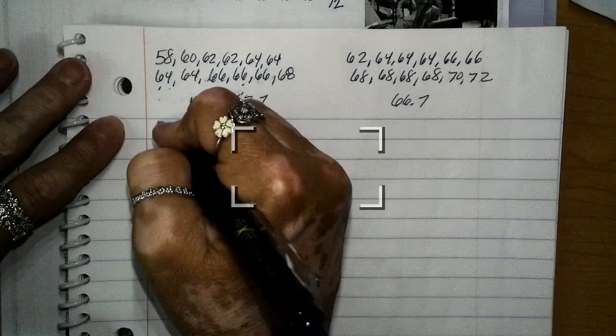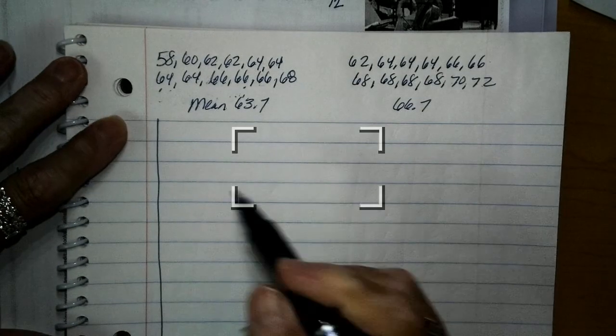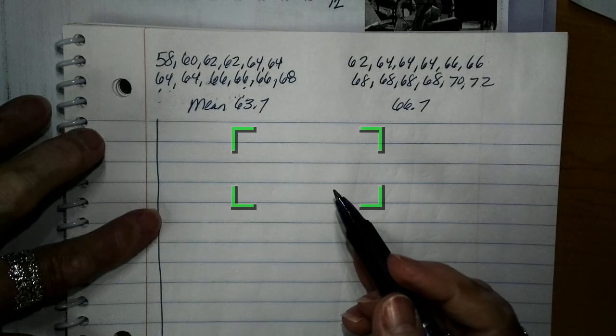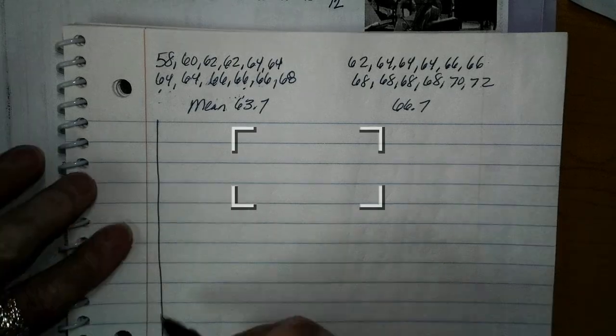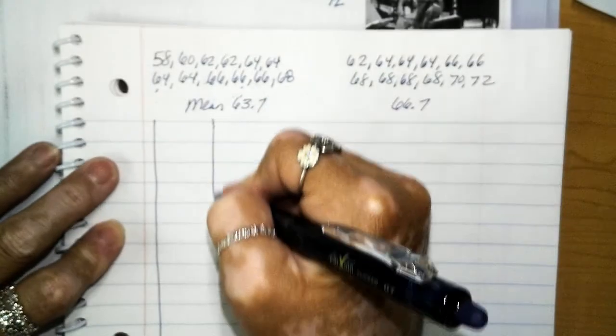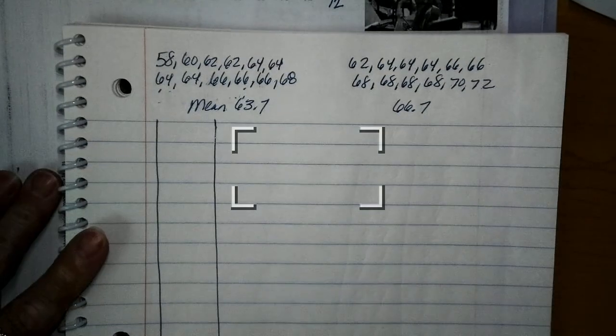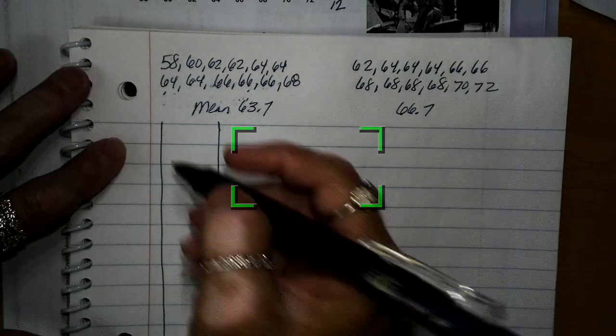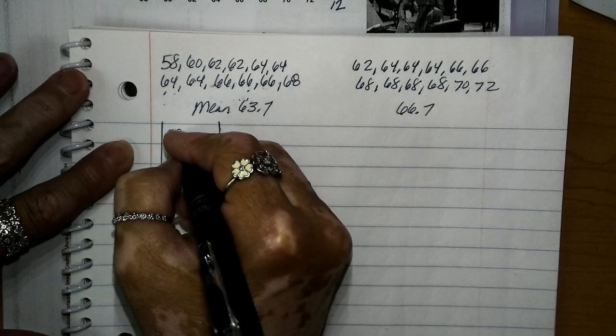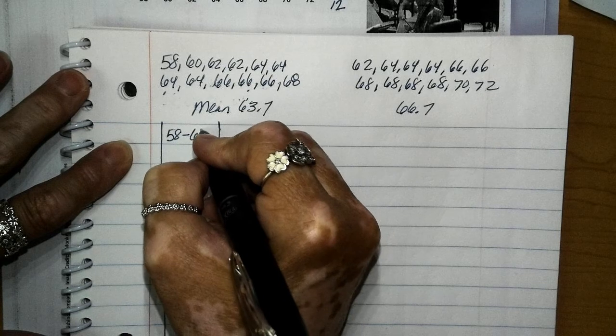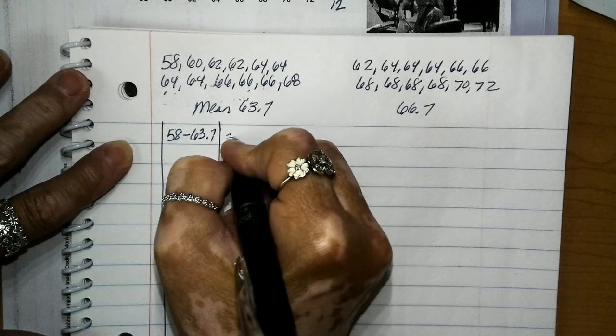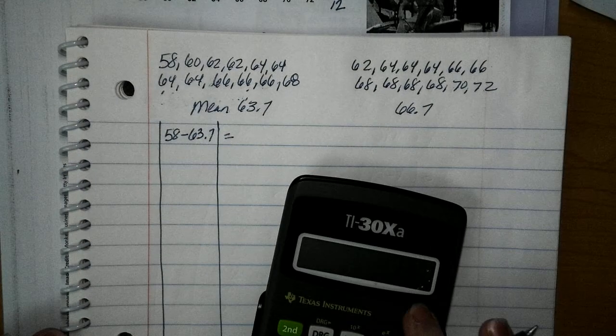All right, so I'm going to go ahead and draw my line. All right, so 58 minus 63.7. So you're probably going to need a calculator, guys.